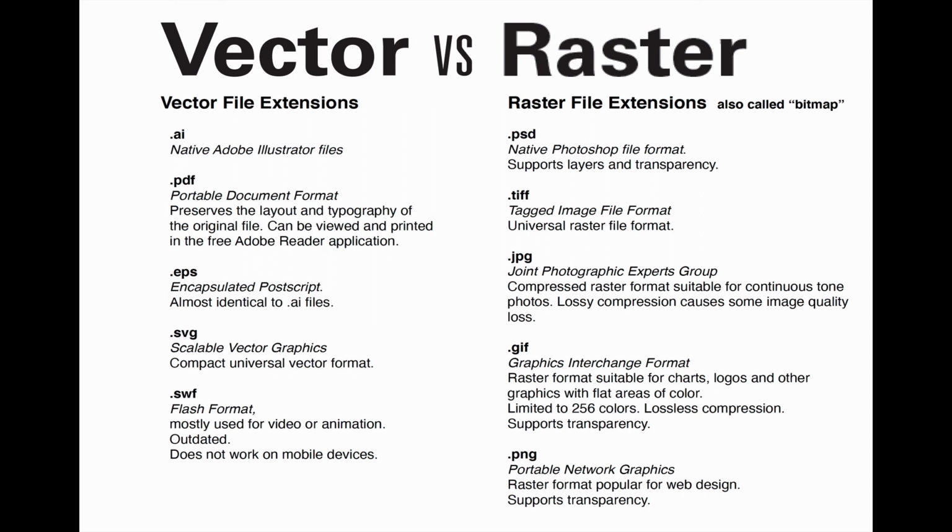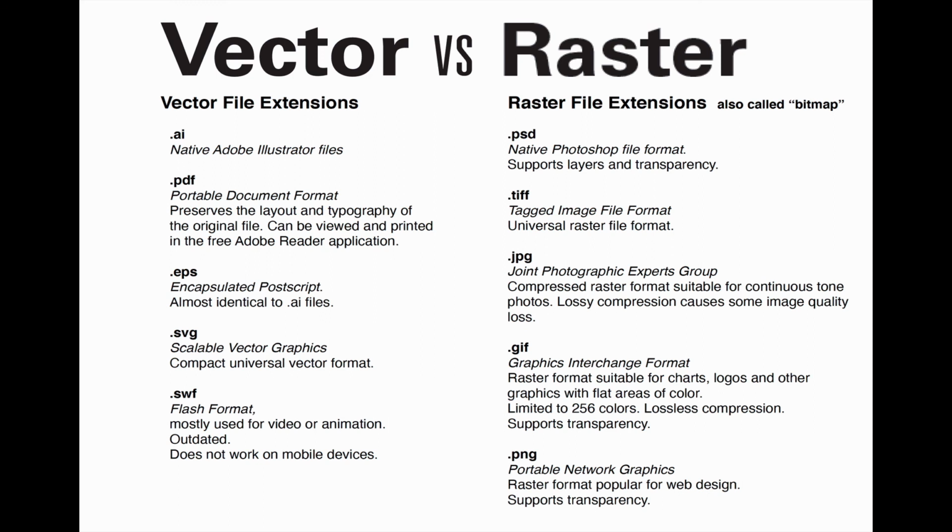Related formats are PDF, portable document format, which we're all familiar with, and EPS, which is very similar to the Illustrator format. We don't use that so much anymore. SVG, which is scalable vector graphics, is a compact universal vector format, often used for icons or for vector drawings that need to be animated. SWF or Flash is not so much used anymore, because it is outdated and does not work on mobile devices.